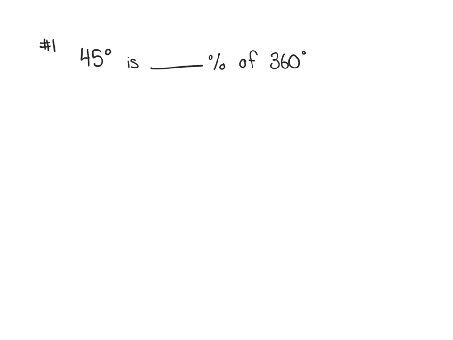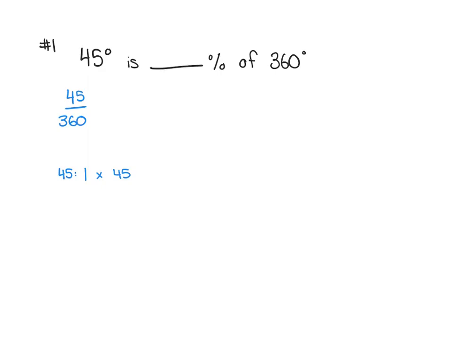So if we were to make our fraction, we'd have our 45 out of 360. Now, in order to find the greatest common factor, we could also start just by finding all the factors of each number. So if we started with 45, okay, so 45 is 1 times 45.